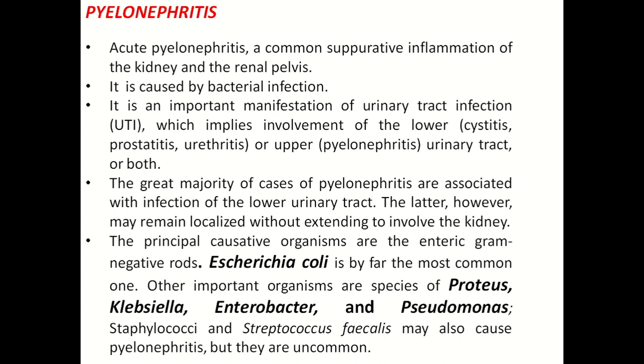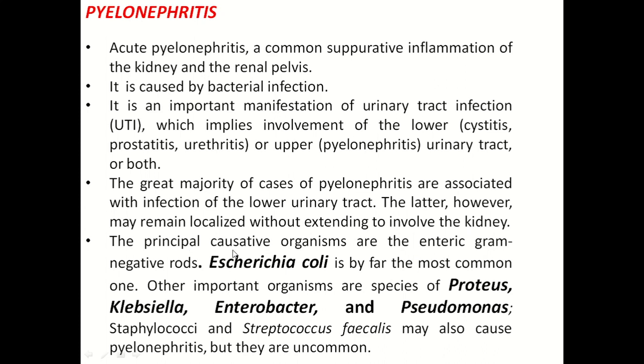If there is involvement of the bladder, the prostate, or the urethra, it is related to the lower urinary tract, and if there is involvement of the kidney substance like interstitium and tubules, it is an upper urinary tract infection. The majority of pyelonephritis cases are associated with infection of the lower urinary tract, which may, however, remain localized without extending to involve the kidney.